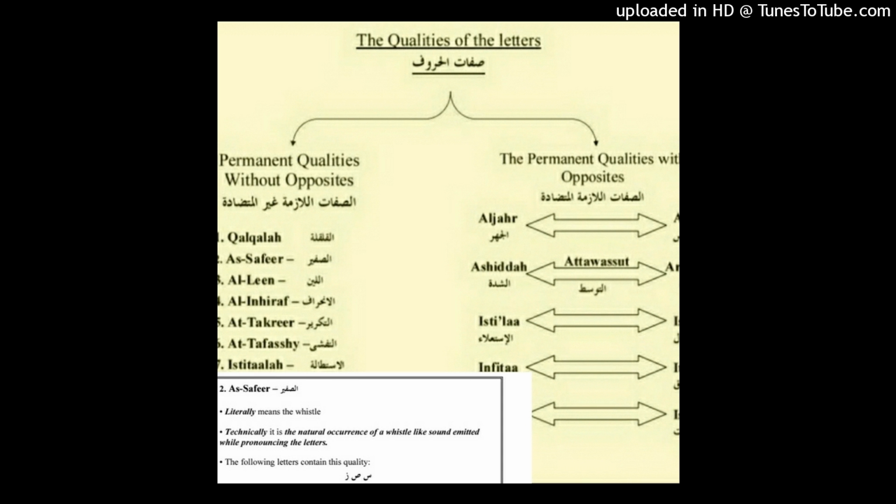What else should we know? We should know that the letter seen is very weak. It has hams, it has air produced, it is running, it is light. So in this letter, we have to care about showing it. It's a very weak letter compared to the zai, as the zai does not include the air produced.